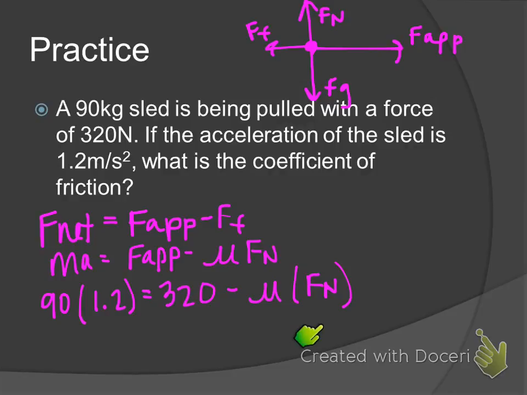How do we go about solving for our normal force this time? Just do the same. Force gravity. Yes, it's equal to the gravitational force this time, just those two forces. So we would take 90 times 9.8, which equals 882.